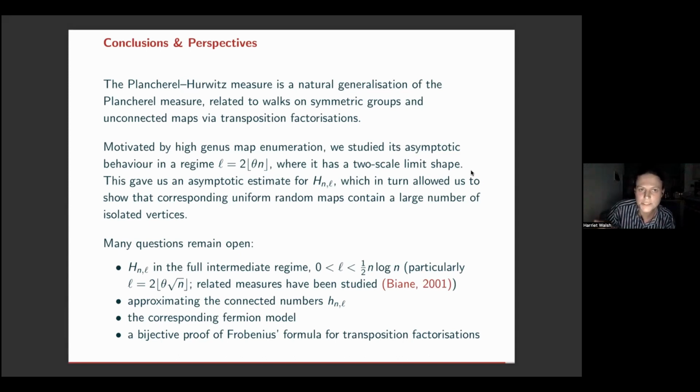Just to check, the question is the intermediate regime for L, something like n to the, I didn't hear properly, sorry. So this reference to Vian, he hasn't exactly studied this measure. It should be related to ours, where L has been Poissonized in some way, and actually the limit shapes found in his paper look quite different to ours.